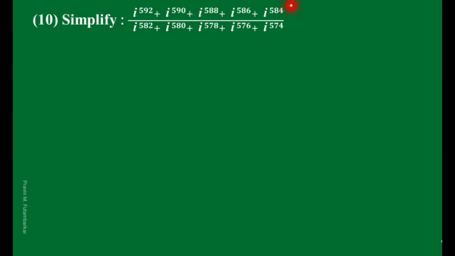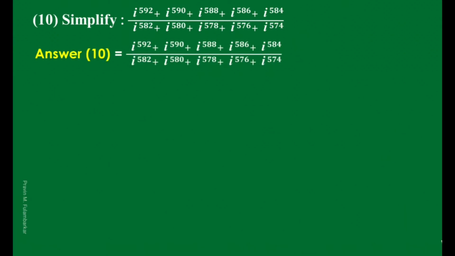You observe the terms in numerator and observe the terms in denominator first, then we solve that problem. Now see, if you observe the denominator first, i raised to the power 582, i raised to the power 580, i raised to the power 578, i raised to the power 576, i raised to the power 574.